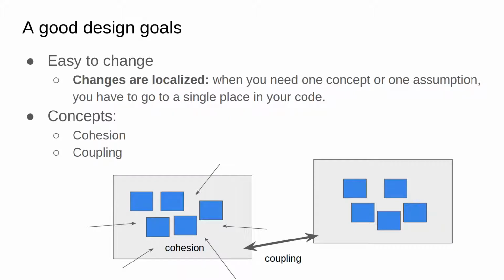And when you have something that is tightly connected and you want to break them apart, you somehow need to destroy the coupling, and that's when we say decoupling. So these two concepts, cohesion and coupling, are the abstract concepts that you can think of when you design classes and software and everything.